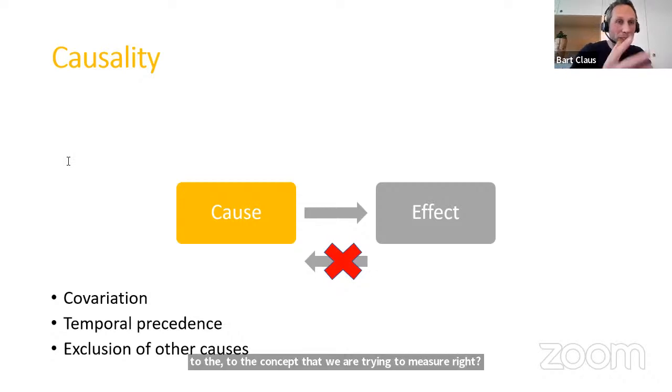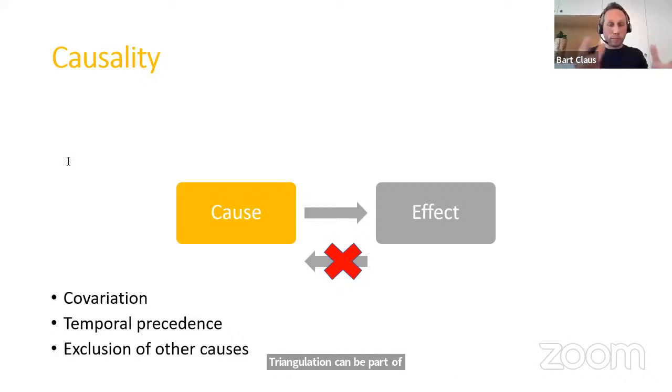If we think about excitement, there are many things, but if we triangulate on that concept by using several measures of that concept, and all of those measures show us the same effect, then we can be more sure that we actually are measuring the right concept, and that we actually are finding an effect, right? So triangulation can be part of that.